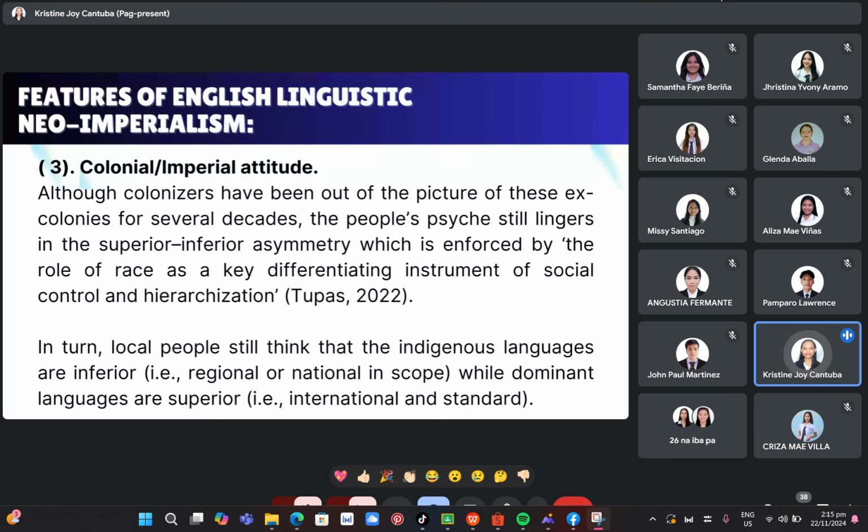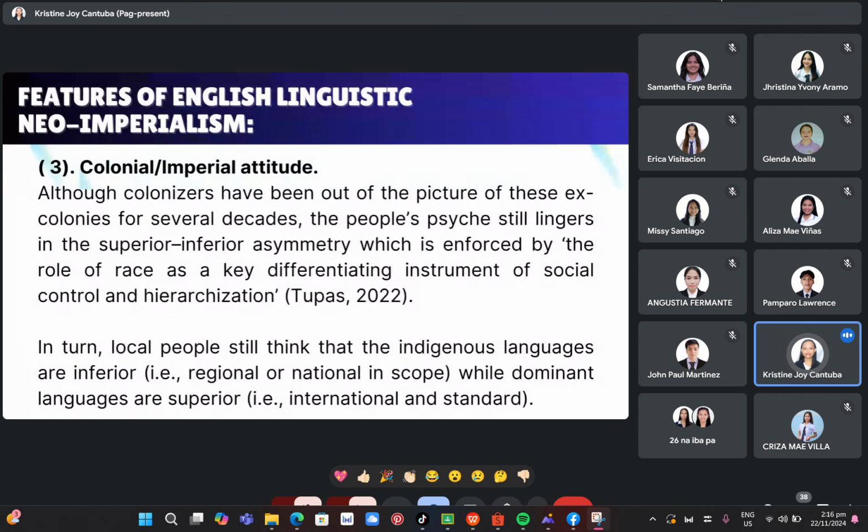And third, colonial and imperial attitude. Although colonizers have been out of the picture of these ex-colonies for several decades, the people still linger in the superior-inferior asymmetry, which is informed by the role of race as a key differentiating instrument of social control and hierarchization, according to Tupas in 2022.